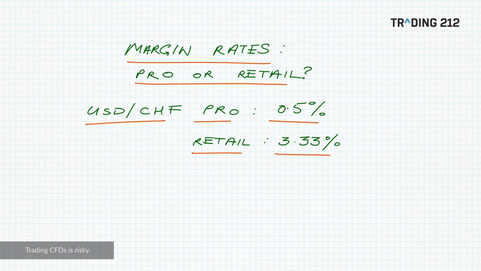So that's a leverage of 1 to 30 rather than that 1 to 200 that we got for the pro account. Now, all accounts with Trading 212 start out classified as retail, and you can switch to professional on request, subject to trading experience.